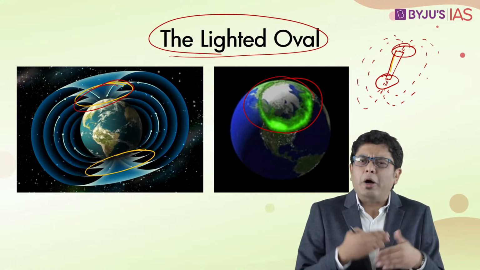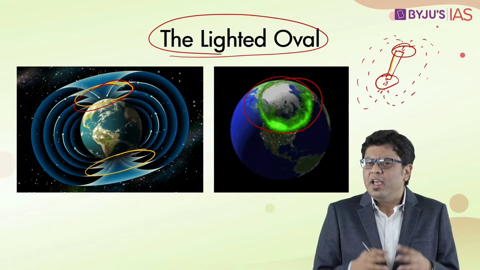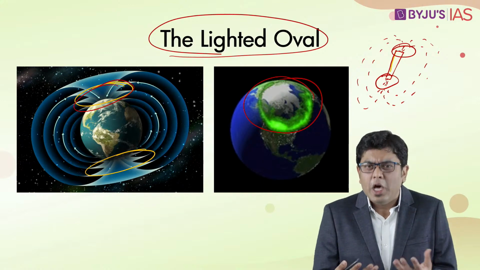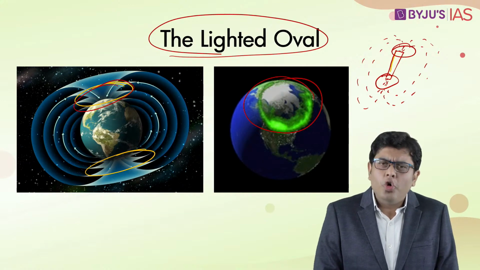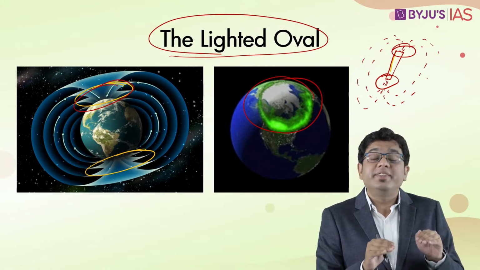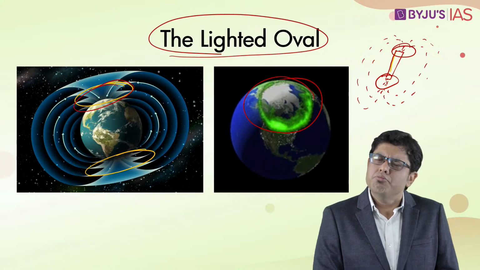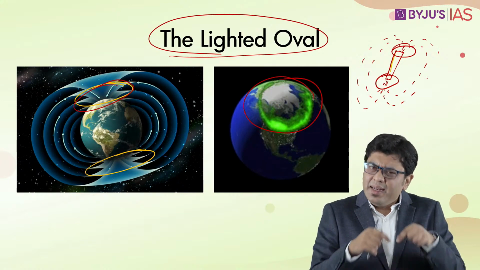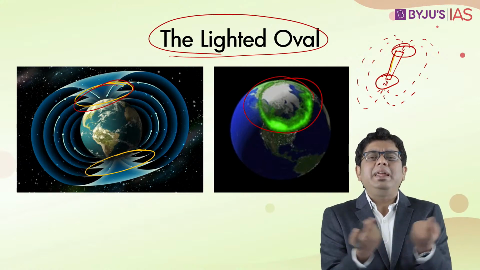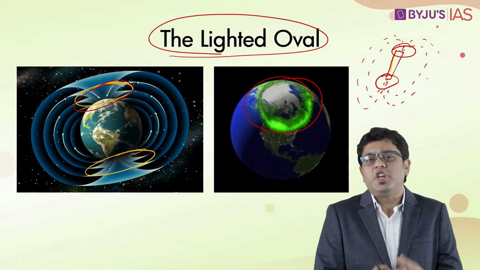Because when we talk about the northern and southern lights, when we talk about auroras or this kind of lighted features and phenomena, they don't occur in sinuous and straight lines. Most of the time, they end up impacting the polar region in a semicircular or completely circular or oval shape.